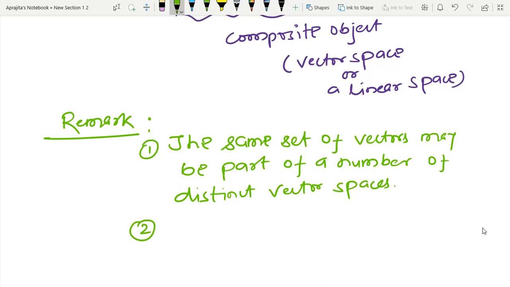So the notion of vector space I am just going to represent by V. I am not going to represent it by the composite object.